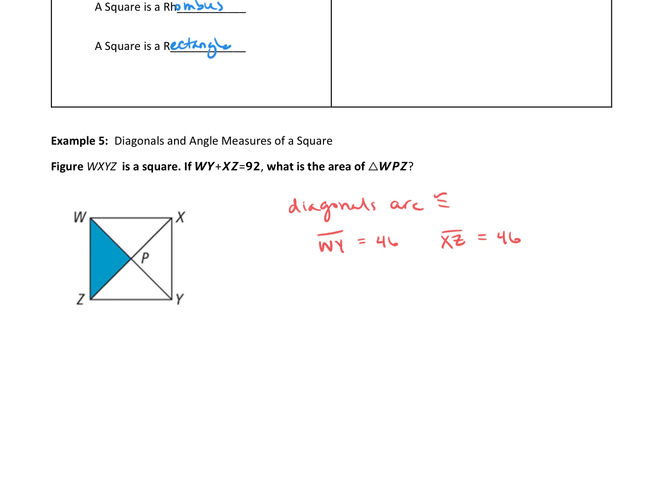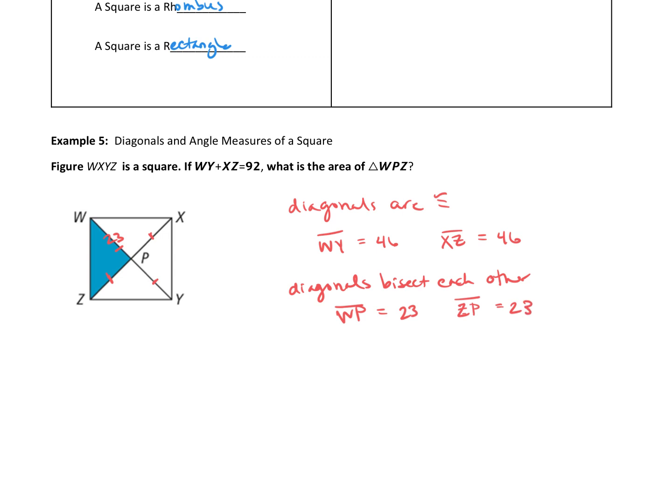We also know that the diagonals bisect each other. So if we know that each diagonal is 46 units long, we can cut that in half because it is going to be bisected. And we know that WP is equal to 23. Also, PY is 23. Let's just show those congruencies. WP is 23, and then ZP is also 23.